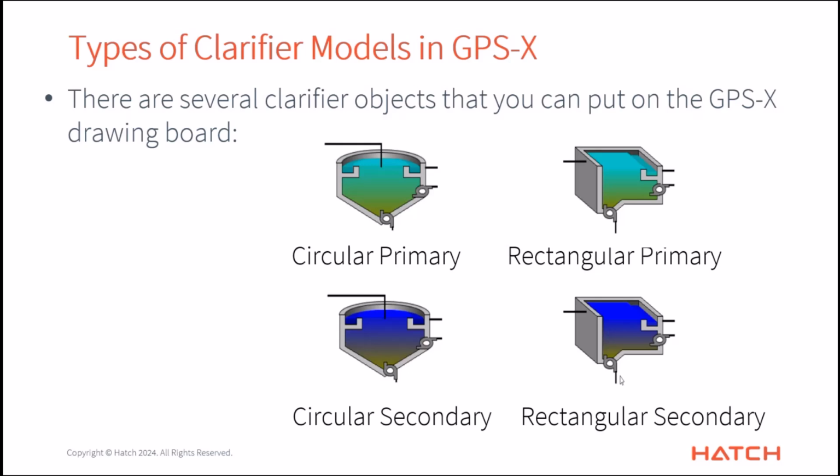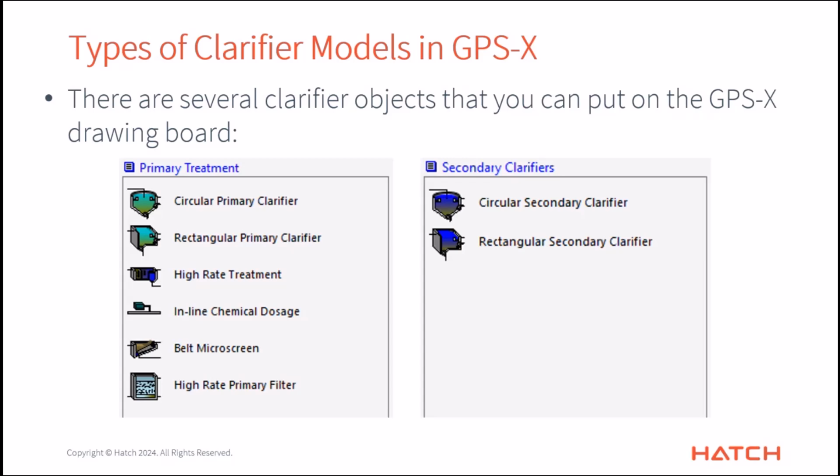And the blue ones are the secondary clarifiers, and they have a few different options, and they have different default settling parameters. You can grab them from the primary treatment or secondary clarifiers part of the process panel. And as I mentioned, we're going to take a look at both the simple empirical settling models that are there, as well as the one-dimensional flux model, the mechanistic model.